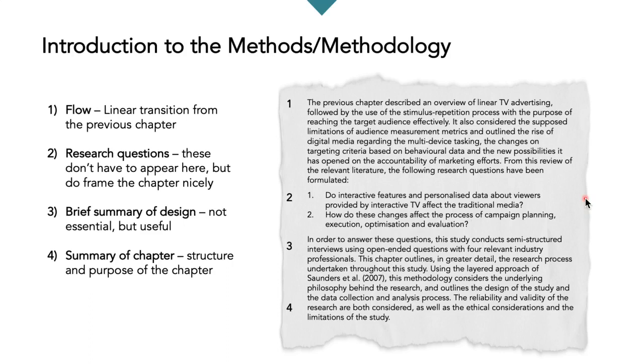And it quite simply means that when they're making judgments on the quality of your methodology or methods, based on how suitable the decisions you made are in terms of answering these questions, it makes their life a bit easier because you've just reminded them of the questions again at the beginning. So these are the little techniques and tips that really make a difference to the readability of your work. So that works well here.